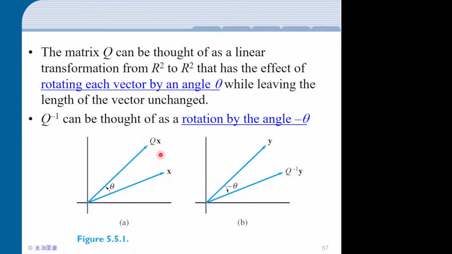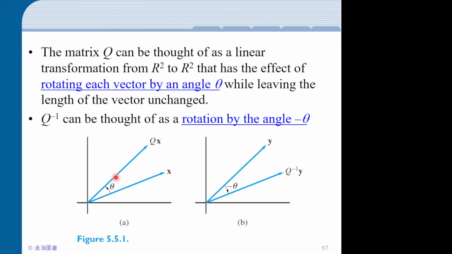So you apply Q on some vector x, and you get a rotation by theta. And Q inverse undoes what Q does and rotates by minus theta. So if you have a vector y, Q inverse applied to y will rotate it in the other direction by theta.